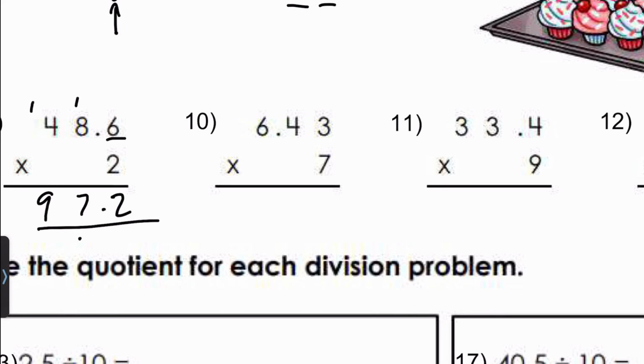Now, go on to here. Again, 7 times 3 is 21. 7 times 4, 28 plus the 2 is 30. 7 times 6, 42 plus the 3 is 45. 2 numbers behind the decimal point.